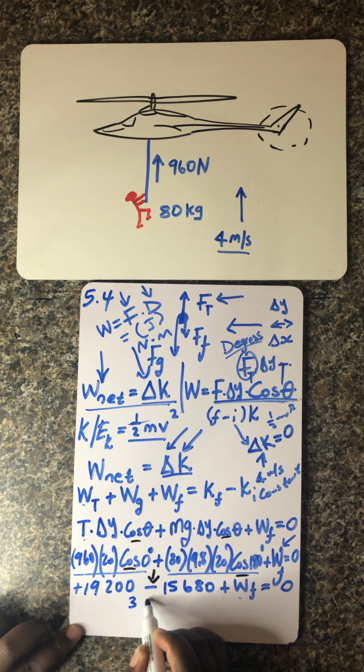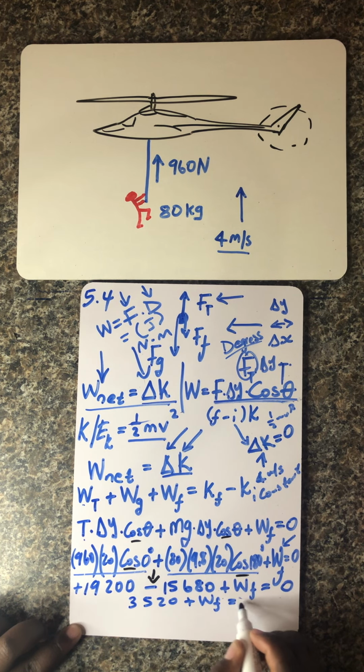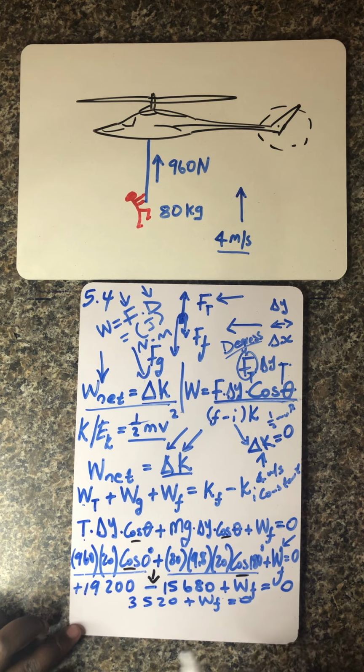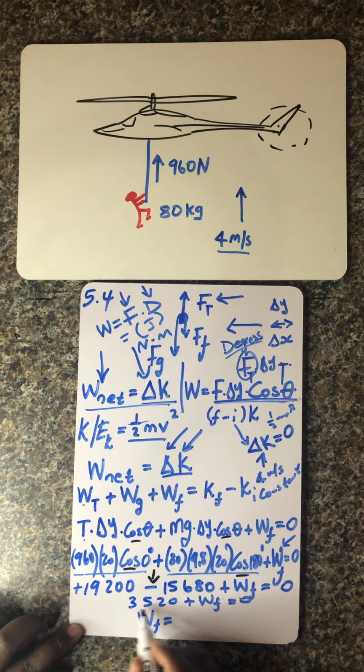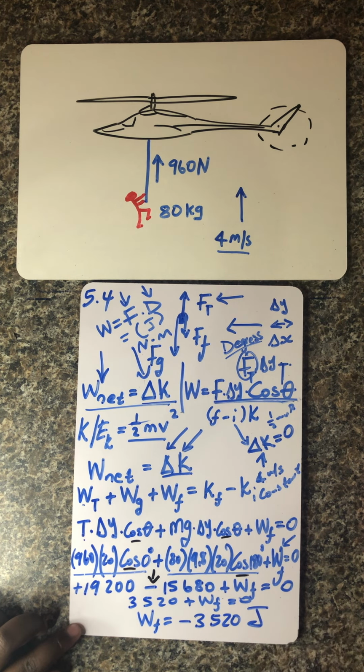So that means we have 3,520 plus work F, which is equal to 0. So work as a result of friction is equal to, you just move all of this to the other side and it becomes negative 3,520. Remember, this is work and it's measured in joules.